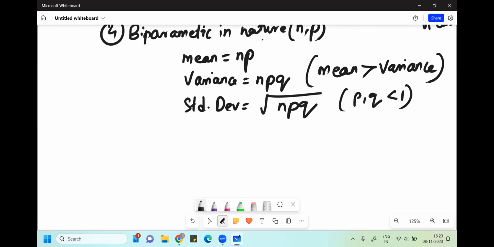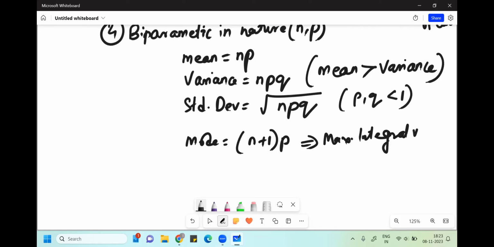Next thing is the formula of mode. What is the formula of mode? The formula of mode is (n plus 1) into p, and this should be the maximum integral value. You find the value of (n plus 1) into p, and if you get a decimal, maybe if you are getting a mode of 6.35, then your mode will be 6.